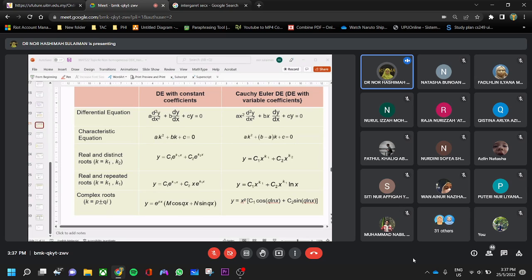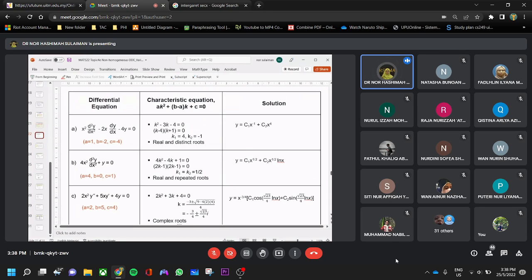Mari kita sebut nama orang lain pula. Wan Ainur Nazihah. Ya saya. Ya, ada soalan tak Wan? So far tak ada lagi. Okay, Wan Nurin Syuhada. Ada soalan nak tanya? Tak ada random. Tak ada, alright, good.